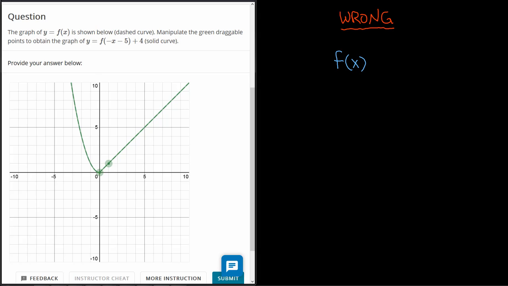If it's a flip across the y-axis combined with a horizontal shift, or a horizontal stretch or compression combined with a horizontal shift, that's when things get tricky. Basically, whenever there's a number in front of the x and another number inside the function, that falls into this category of tricky problem.